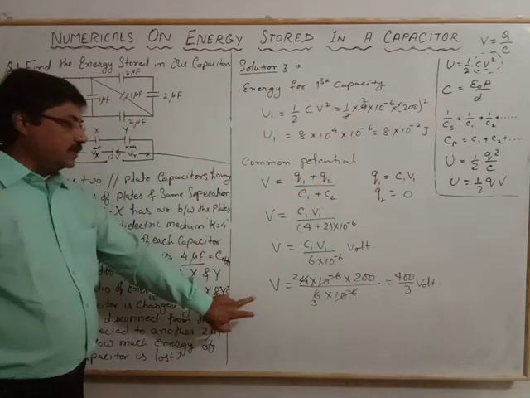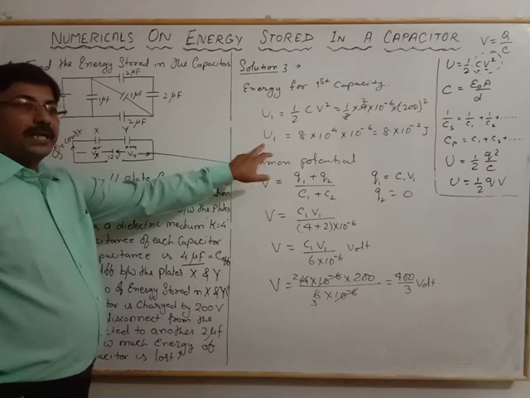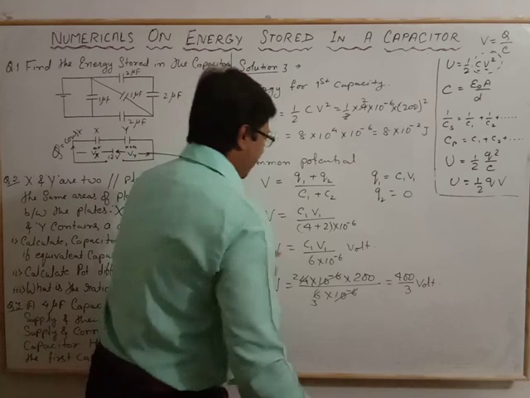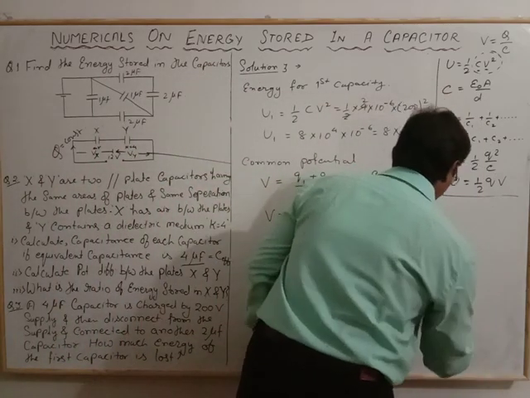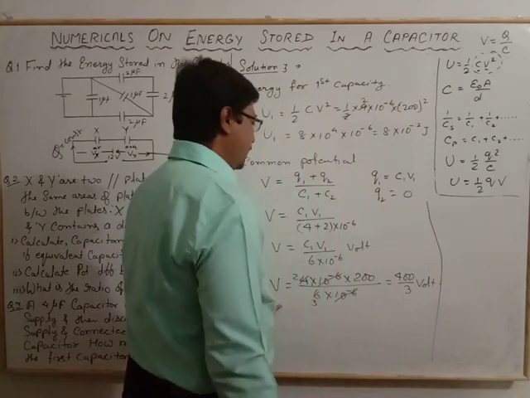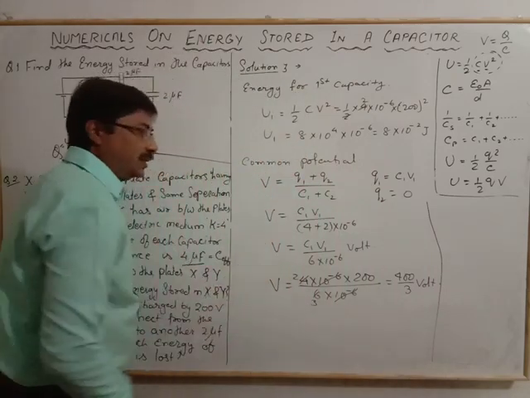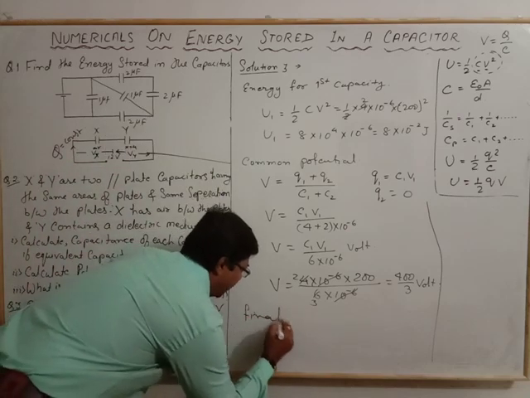Now we have the common potential and the earlier energy stored by the first capacitor. Now we will see the energy stored in this combination, the net energy, that is the final energy.